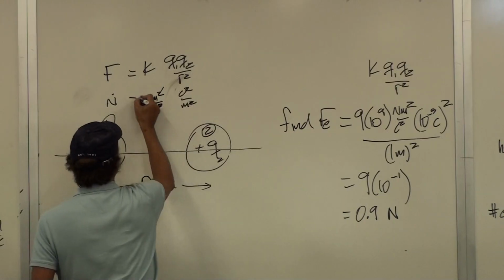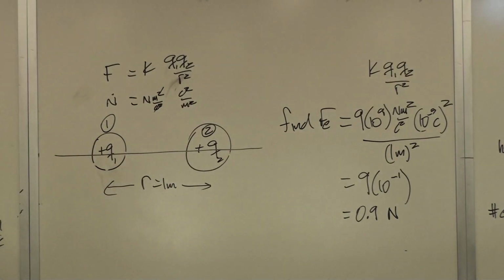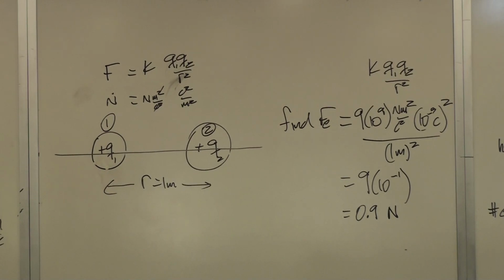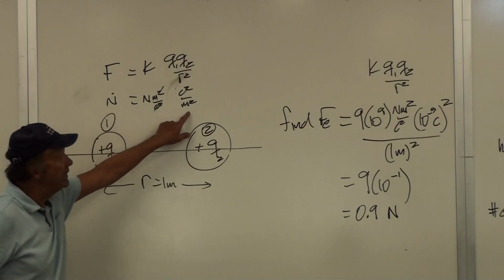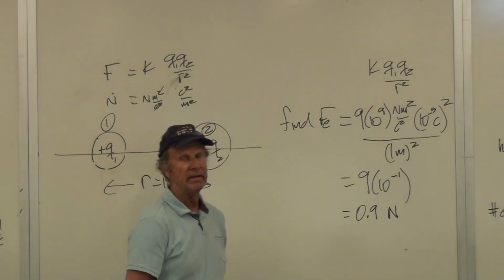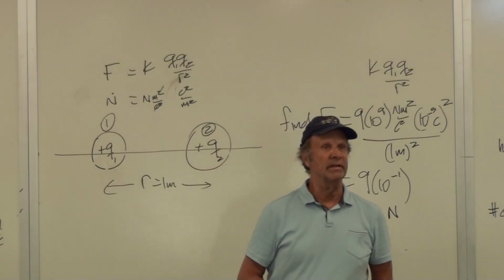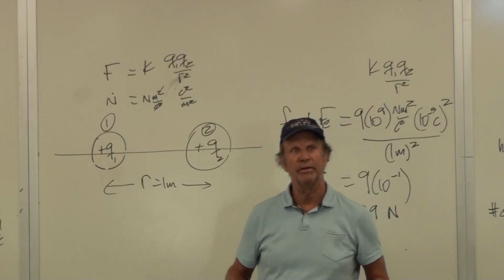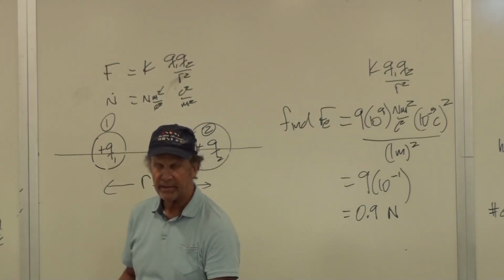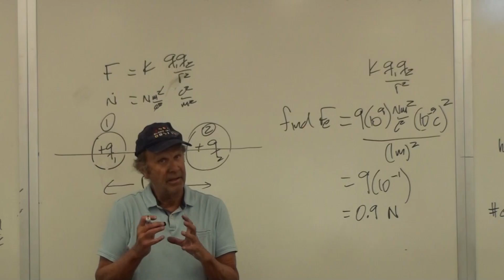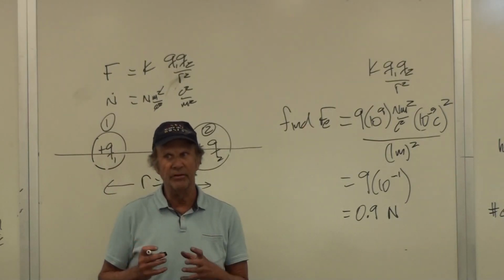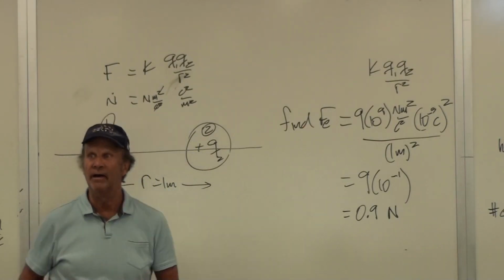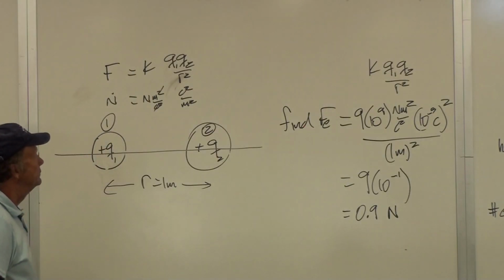So we can cancel out the units and get newtons equals newtons. And so that's what the proportionality constant always does, it just makes the left-hand side of the equation and the right-hand side of the equation dimensionally consistent. We use the proportionality constant as our catch-all to absorb all of those units and make sure that the units on the left equal the units on the right.